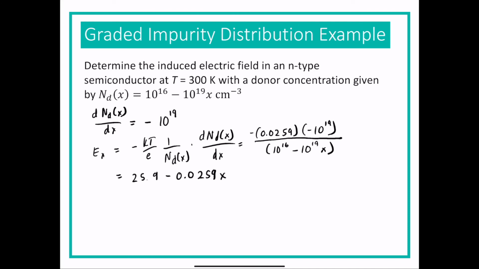And that means if we wanted to find the electric field at any point, we could find it. The electric field at 0 is just 25.9 volts per centimeter. And then for each value of x, it would gradually decrease and go down because we're subtracting, and we could get the electric field at any point. So it's not very difficult to figure out what that electric field would be, as long as you know the function of the density gradient, which might or might not be easy to find.